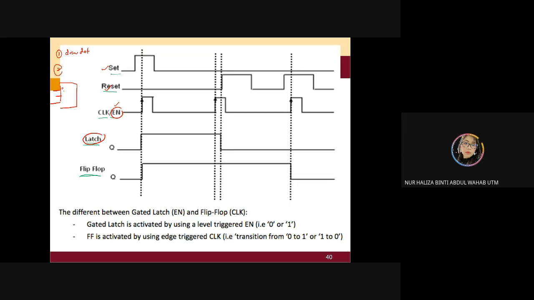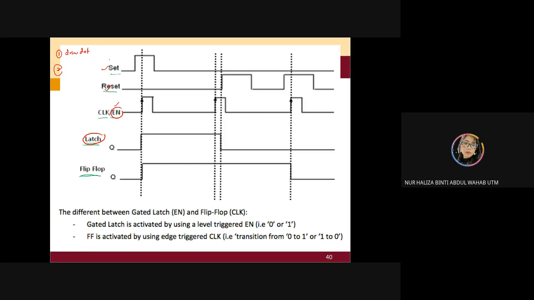You have S, R, Q, Q bar. This side is output, this side is your input, which is S, EN, and R. So you need to draw your dotted line at your input one by one. So let's redraw the dotted line. I'll change color, maybe black.